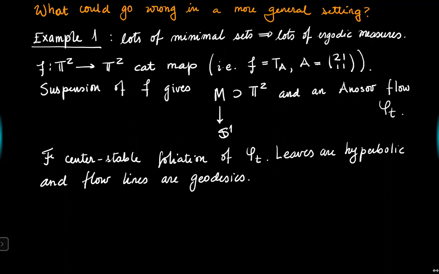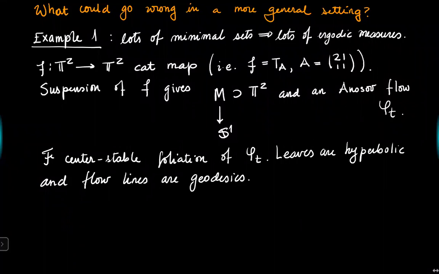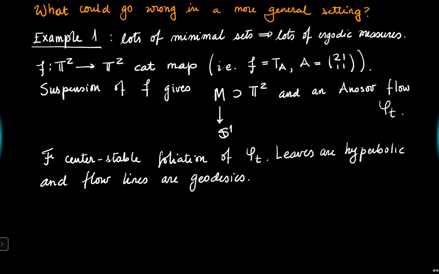If you take the cat map, that is a toral automorphism coming from the matrix (2 1; 1 1), the suspension of the cat map gives you a 3-manifold M, which is a Sol manifold, that fibers over S1 with fiber T2, and a flow, which is the suspension of the map, which is an Anosov flow. So the foliation which we consider is the center stable foliation of this flow.